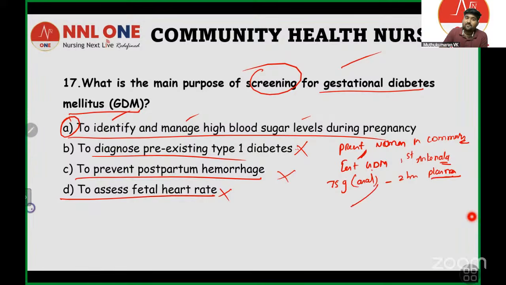Now we have positive and negative. If the 2 hour plasma glucose level is more than 140 mg per deciliter, it is considered positive. Then the mother has to be treated as per GDM guidelines, whether we start medication, insulin, or dietary modification.